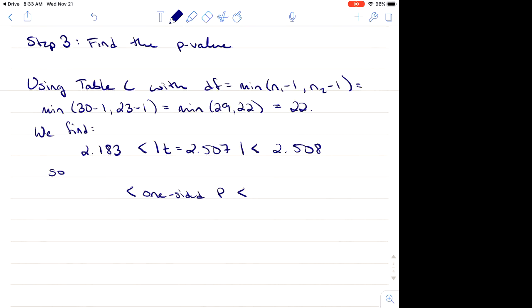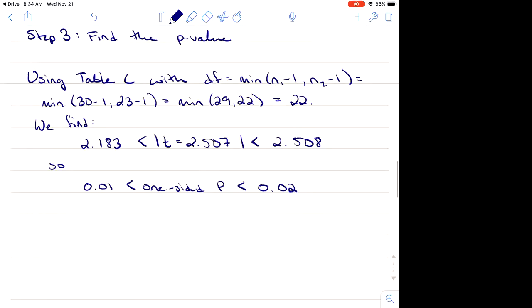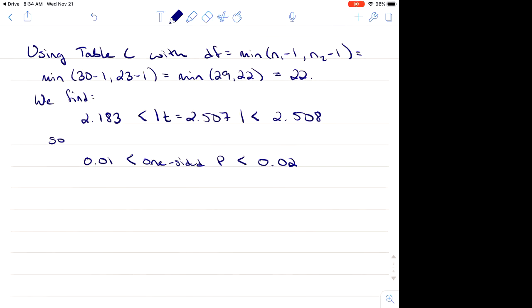My one-sided p is between 0.01 and 0.02. Nice. So now we know our one-sided p is somewhere in that range. Good enough for us. Step 4 is our conclusion.